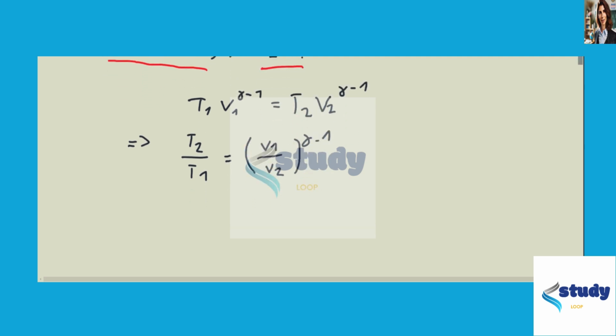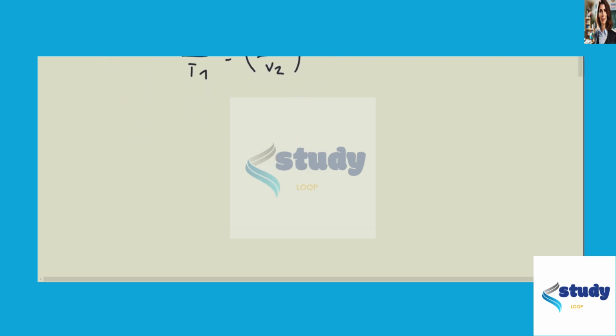The next step will be to use the ideal gas equation in the following manner. We know that P1 V1 is equal to nRT1. Notice how this term, n times R, does not change.